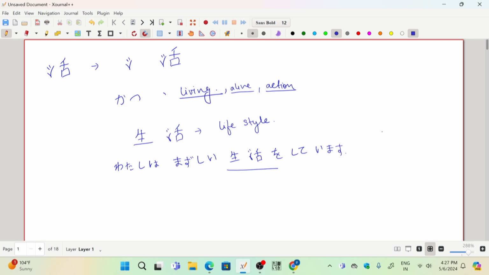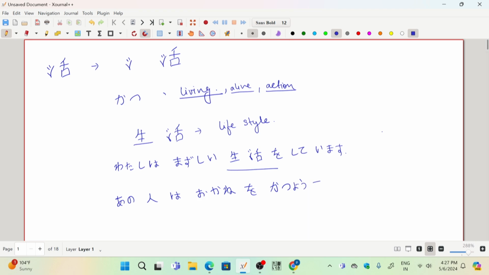Next example we can take is that a person uses his money for practical use or makes his money work. So that person will be anohito. Anohito wa okane o katsuyo suru.